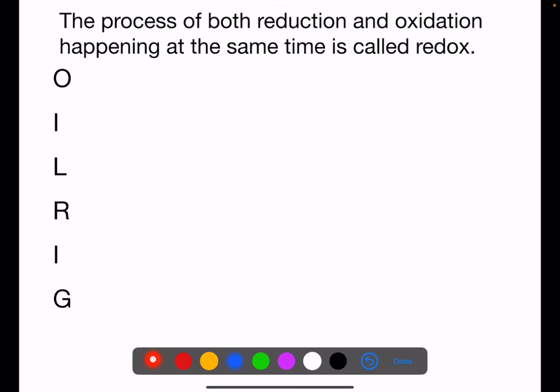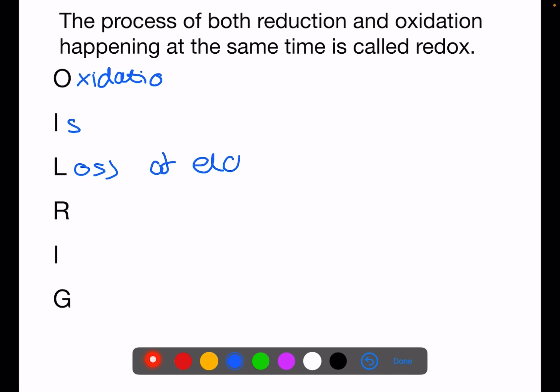The process of both reduction and oxidation happen at the same time, with electrons being transferred from one to the other. We can remember this using the mnemonic OIL RIG. OIL RIG stands for oxidation is loss of electrons, reduction is gain of electrons.